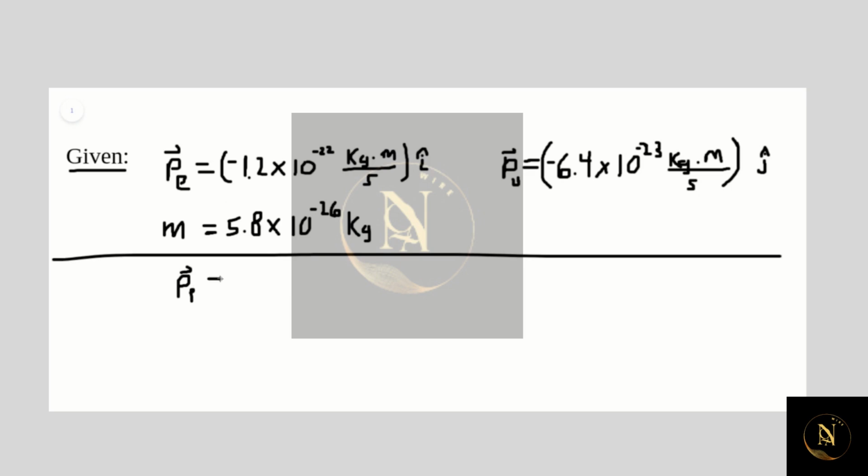Okay, so first we're going to use conservation of momentum. So you have the momentum of the parent nuclei, P sub P, is equal to the momentum of the electron plus the momentum of the neutrino plus the momentum of the daughter nuclei.